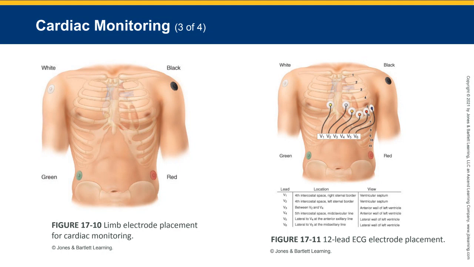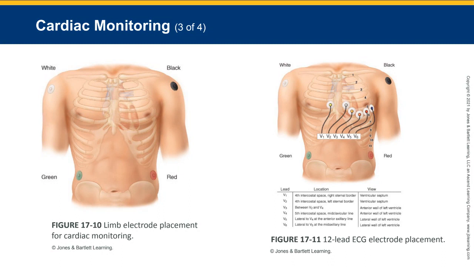What you need to know at this point, because I don't want to get too technical with this, and we're going to come back to it, is that with cardiac monitoring, it's 4 electrodes, but 3 leads. 4 electrodes, 3 leads. Remember that.